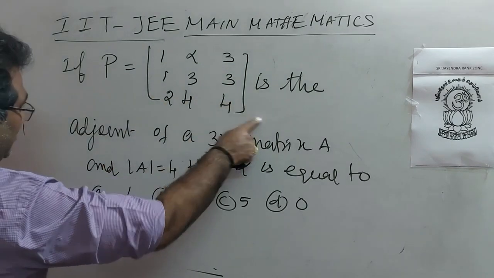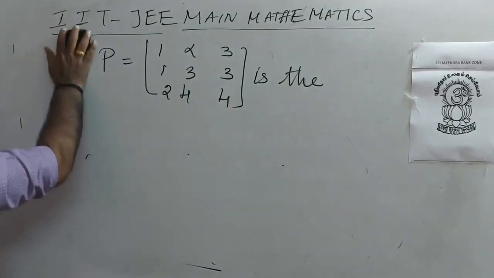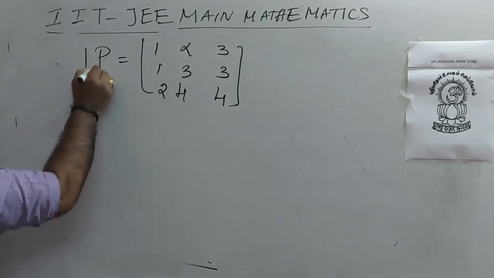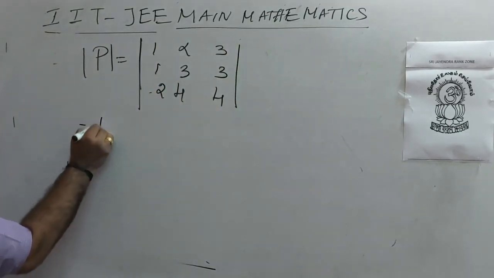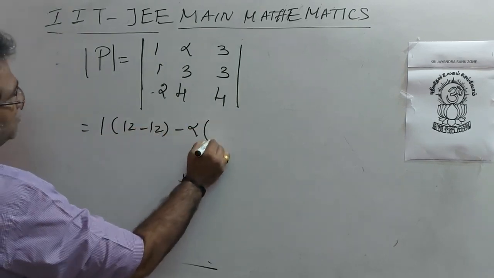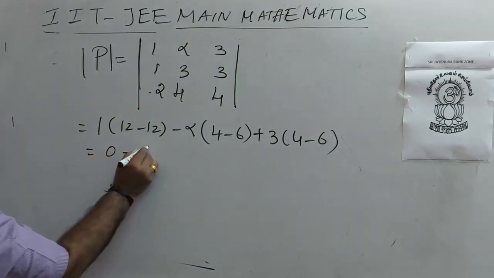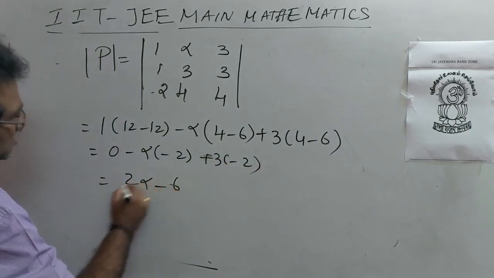So this matrix is the adjoint of the 3 by 3 matrix A. First you find the determinant value of this matrix. (12 minus 12) minus alpha into (4 minus 6) plus 3 into (4 minus 6)... that is 0 minus alpha into minus 2 plus 3 into minus 2, which gives 2 alpha minus 6.